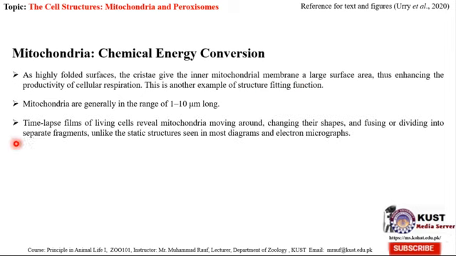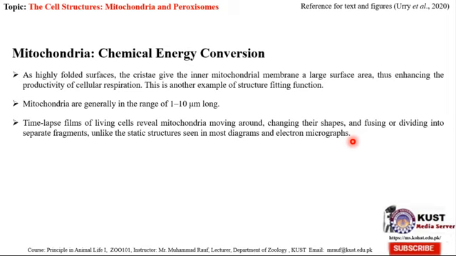Now time-lapse films of living cells reveal mitochondria moving around, changing their shapes and fusing or dividing into separate fragments, unlike the static structures seen in most diagrams and electron micrographs. So these mitochondria are structures that are always in flux.